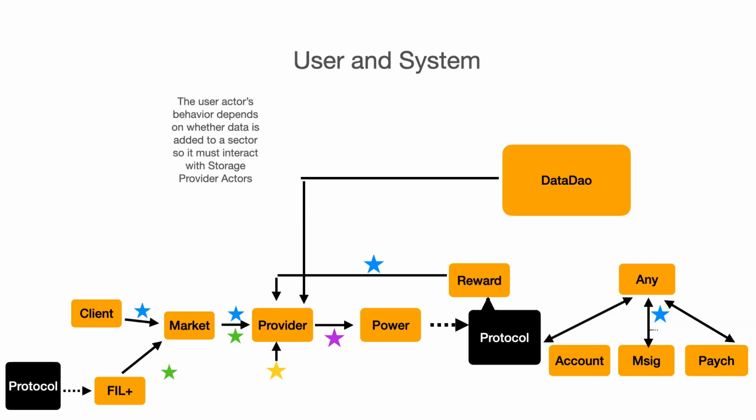So basically a DAO as in the usual DAO, but it manages the preservation of data inside of Filecoin sectors. We don't really have time to dig into how that works, but more or less you can figure out it's going to need to interact with storage providers somehow. Maybe interact with the power actor, maybe the FIL+ actor, the market actor probably, but there's going to be some interaction with the rest of the system.